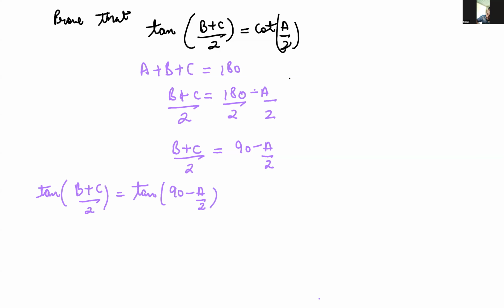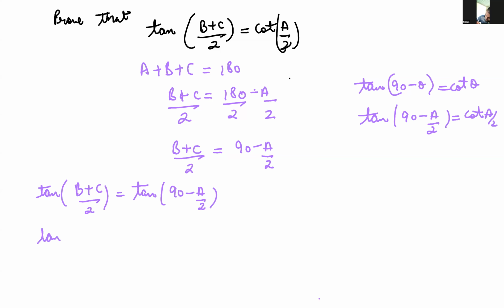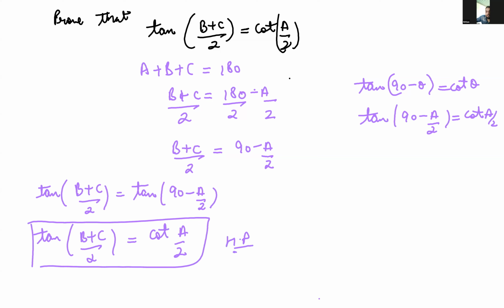Yes, so now 90 minus A by 2, so tan(90 minus B by 2) is equal to... so tan(90 minus A by 2) equals cot A by 2. Understood everyone?